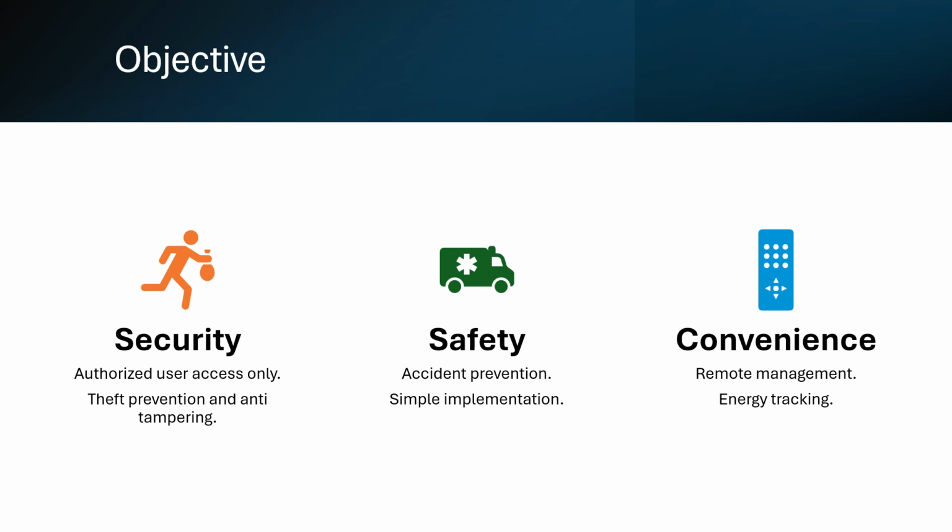And then it will also provide convenience by showing the resources that you're using from the system and displaying that for you, and also providing a feature where you can see all the information remotely through an IoT device.